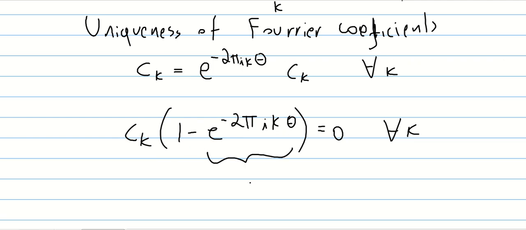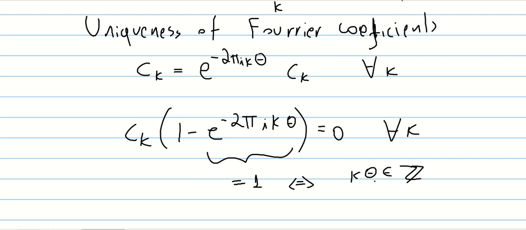This thing here is equal to 1 if and only if k theta is an integer, right? Only in multiples of 2 pi i the exponential is going to be 1.